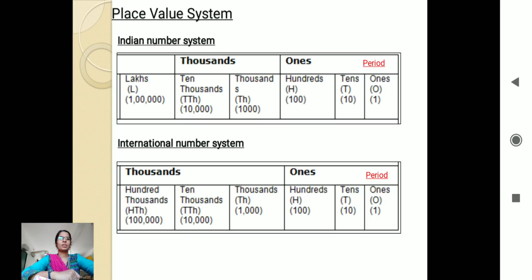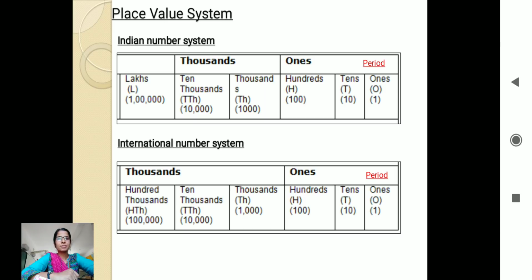Thousands has the 1000 period and the 10,000 period, right? That is the 5-digit number. And the sixth-digit number, that is 1 lakh, is shown in the Indian system. Whereas in the international system, you can see that 1 lakh is shown as 100 thousands.